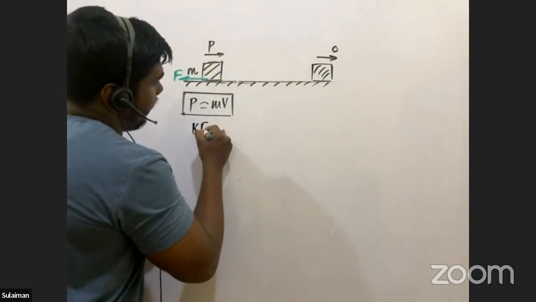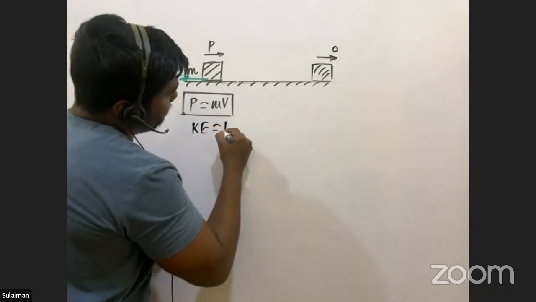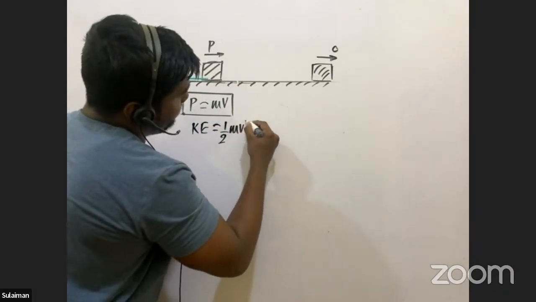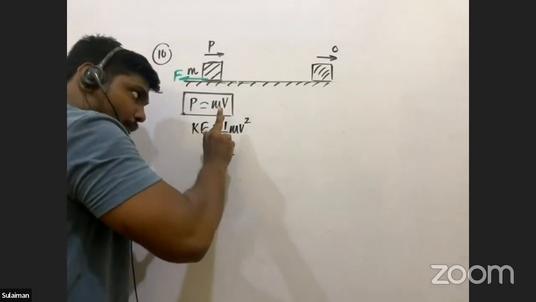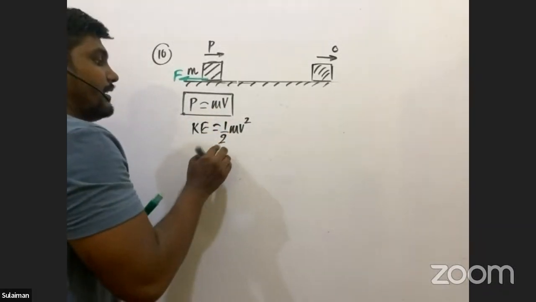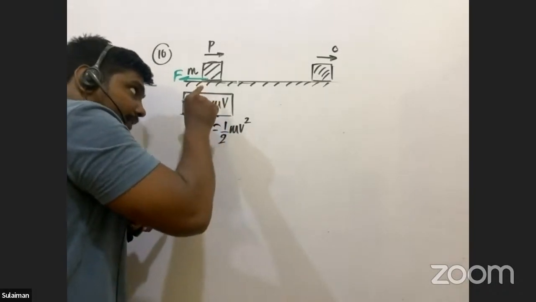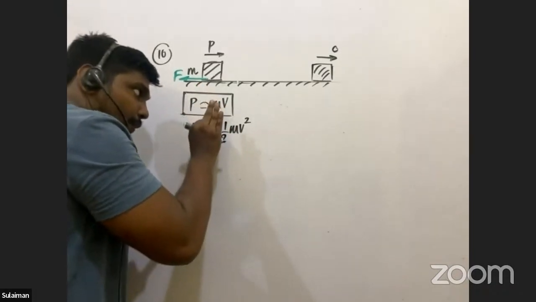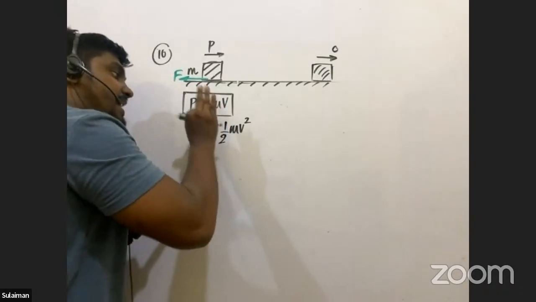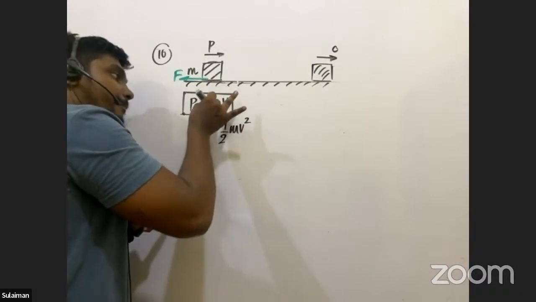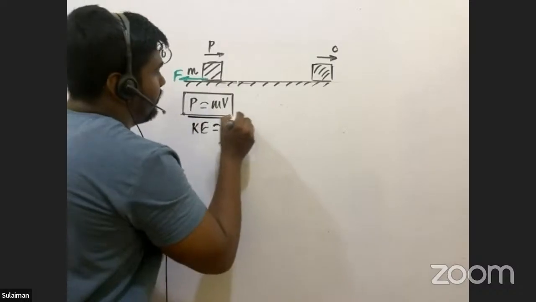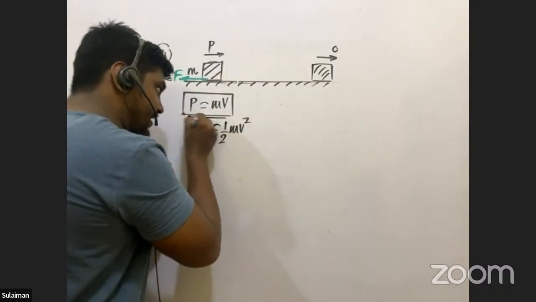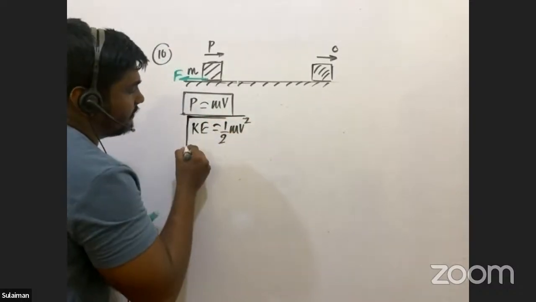Kinetic energy means half mv squared. If not, can you remember we wrote two other equations for kinetic energy, in terms of momentum and velocity, and also an expression in terms of mass and momentum? The very popular equation is kinetic energy equals half mv squared.